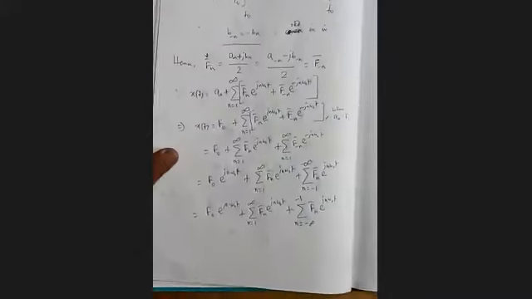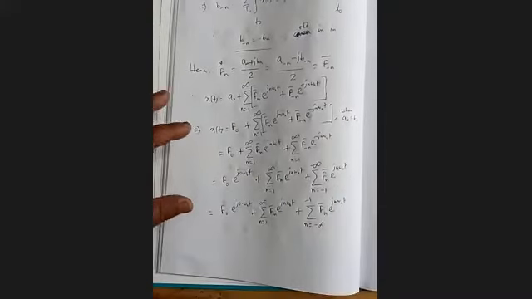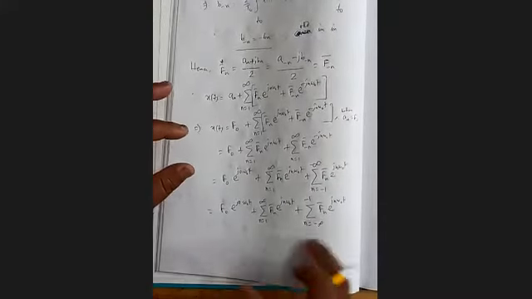Note that in integration, if we interchange the limit, the sign is changed because integration f(x) dx is the incremental term. So whether we go from the limit a to b or b to a in the integration, depending on our progression, the dx will be positive or negative. So if we change the limit, a minus sign comes in the integration.